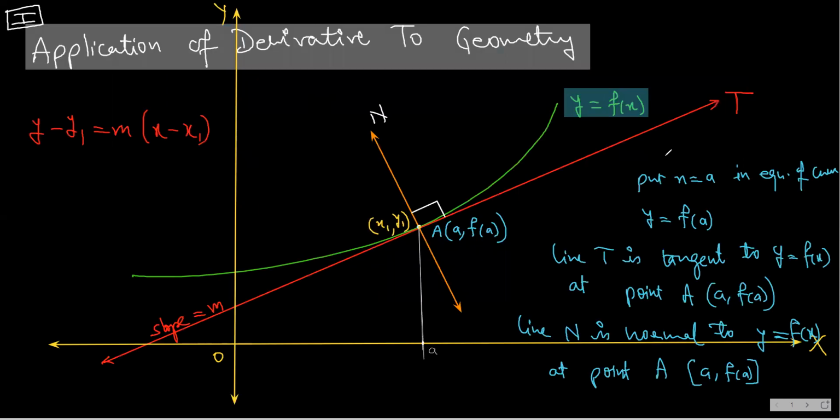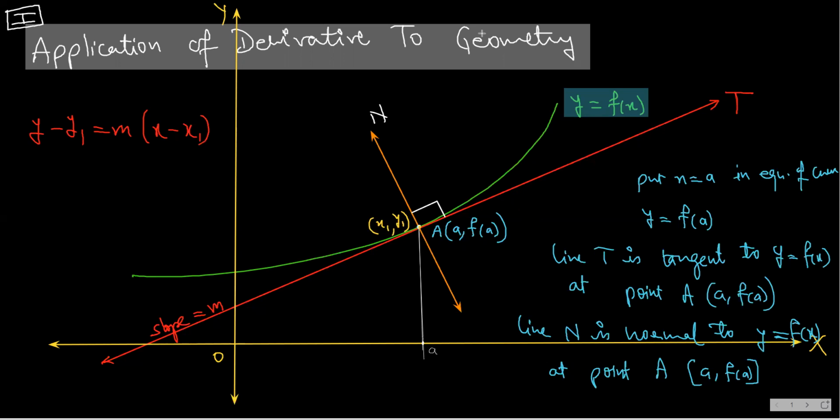See, here we found the equation of tangent, the equation of this line. Now we want to find the equation of normal. Where is the normal?